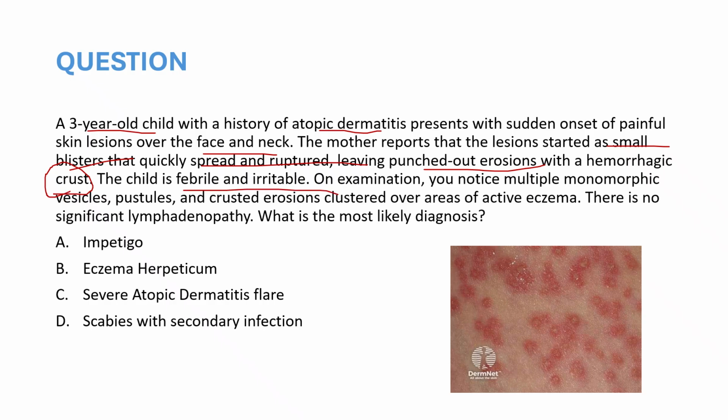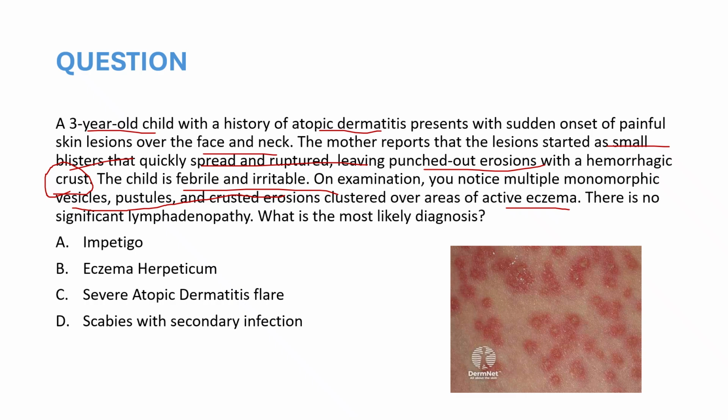You notice multiple monomorphic vesicles, pustules, and crusted erosions clustered over areas of active eczema. So what is happening? There is a history of atopic dermatitis, and now they have come with hemorrhagic crust and punched out erosions over the eczematous area. There is no significant lymphadenopathy. What is the most likely diagnosis?